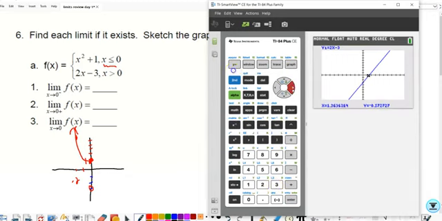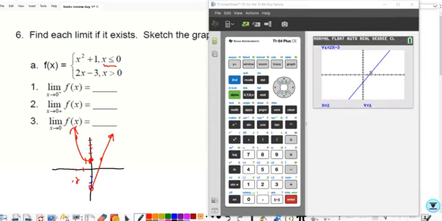So if I just hit the trace button, I notice hey, we have all these crazy decimals. So let's trace to, I don't know, 2. All right, so at 2, we have a y value of 1. So I get this ray. And now, because the limits are all at 0, I'm going to focus here when x is 0.